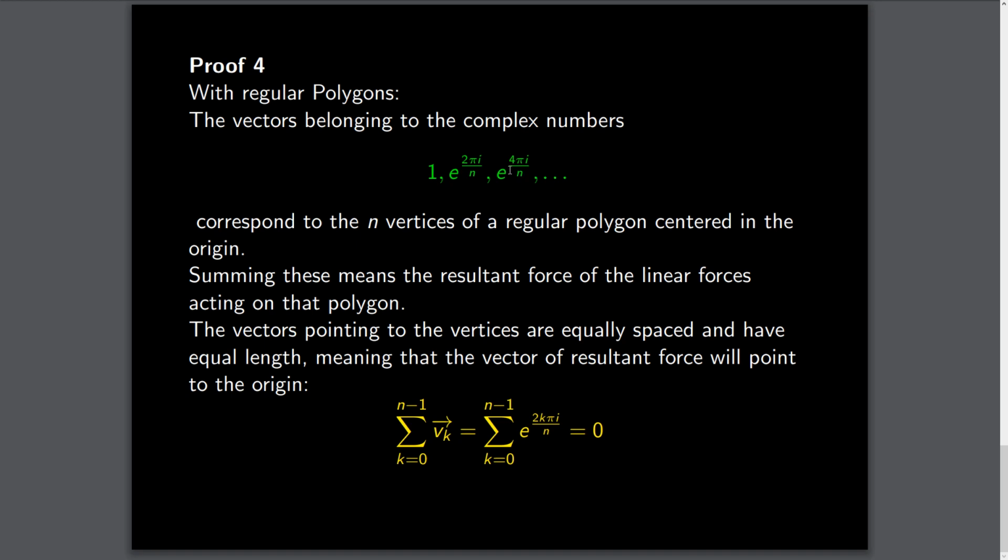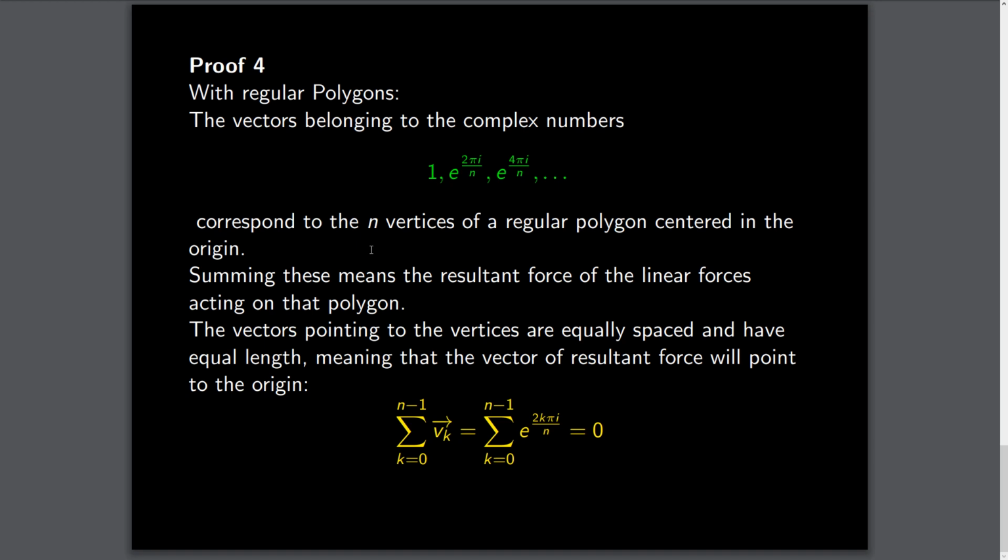And when you are talking about the vectors pointing to these complex numbers, then these are exactly the vectors pointing to the vertices of this regular polygon. Taking the summation of these means that you are calculating the resultant of the linear forces which are acting on the polygon under consideration.